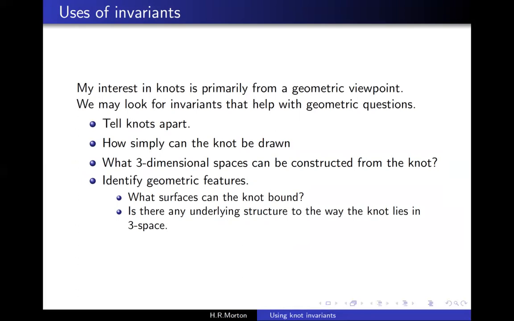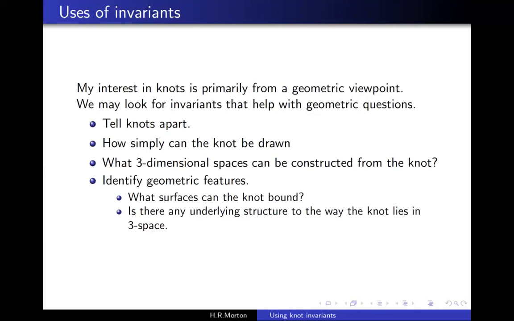You could ask things about how simply the knot could be drawn, how many crossings and things like that. You could ask what sort of 3-dimensional spaces you might be able to construct starting from the knot. All sorts of nice ways of making 3-manifolds out of knots. You could identify some geometric features of the knot and related structures.